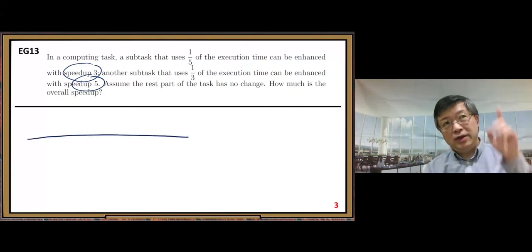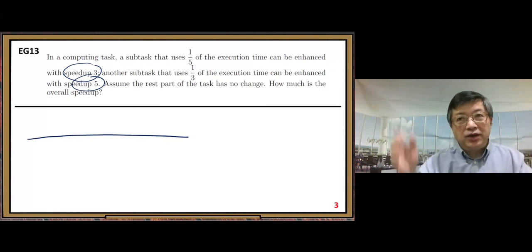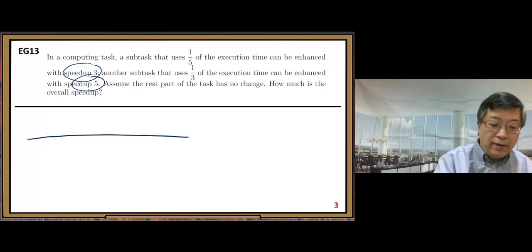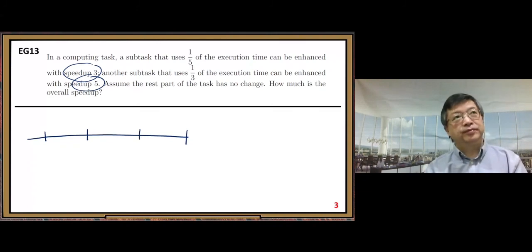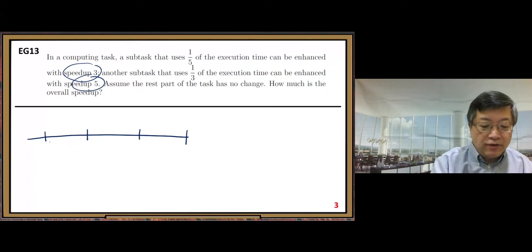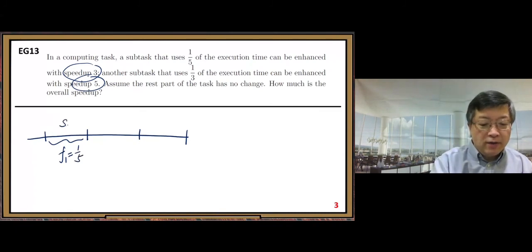All right, so let me draw a diagram. All the execution time. Now I need to divide it into three parts. The first part, F1 equals 1/5, with local speedup S1 equals 3.